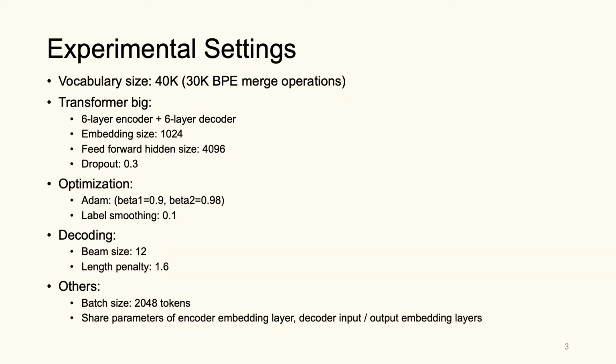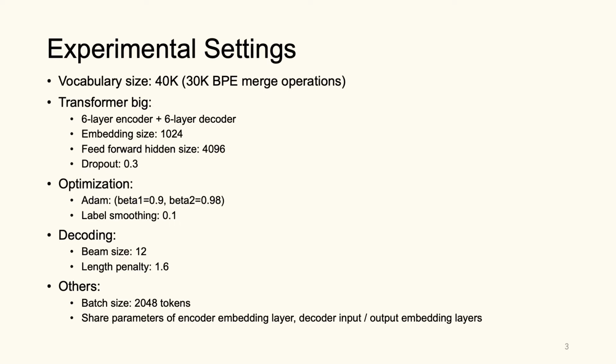And then the experimental settings. The vocabulary size is set to 40,000 on the basis of 30,000 BPE merge operations. We use transformer big as the basic model structure, and for the optimization, we use the Adam optimizer with label smoothing of 0.1.